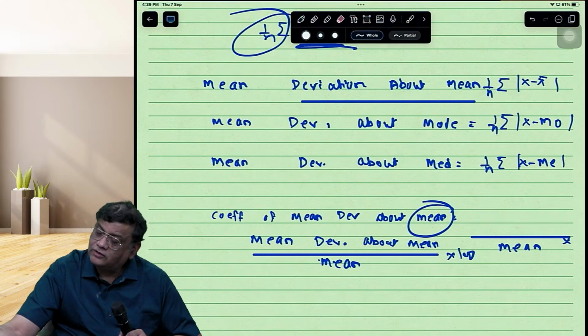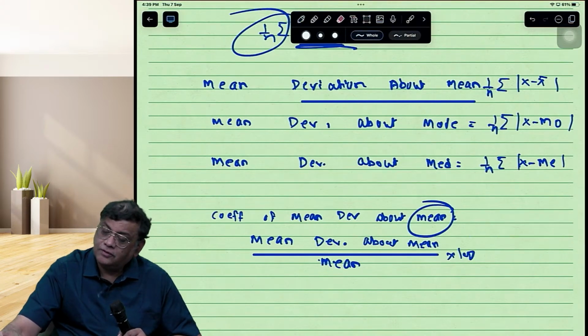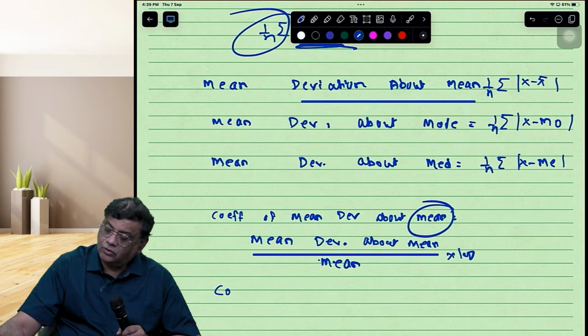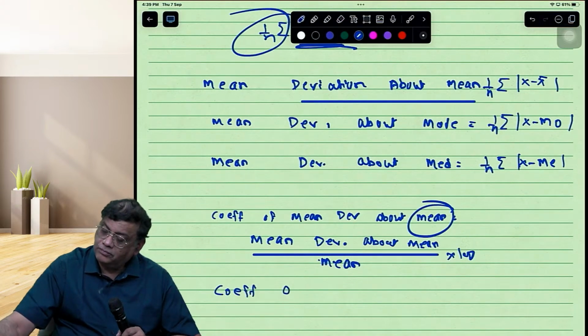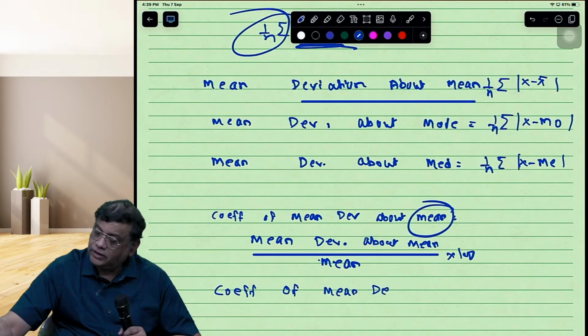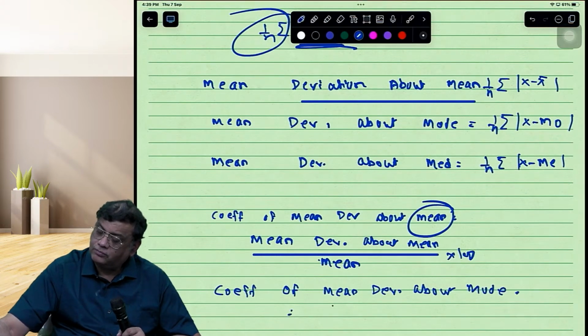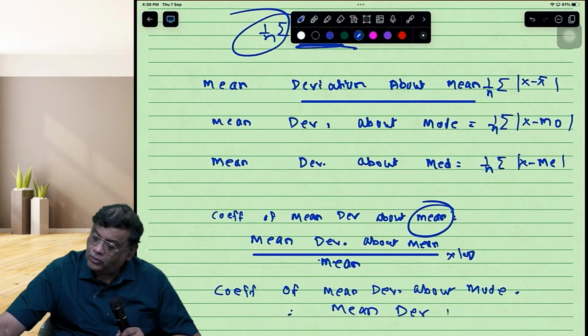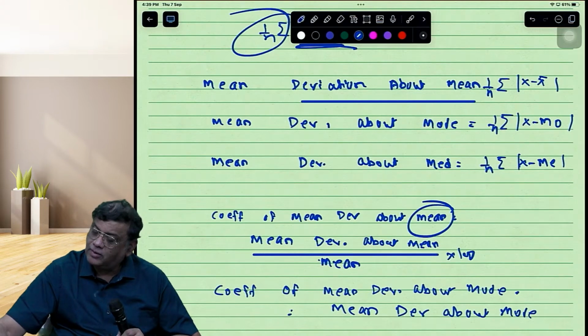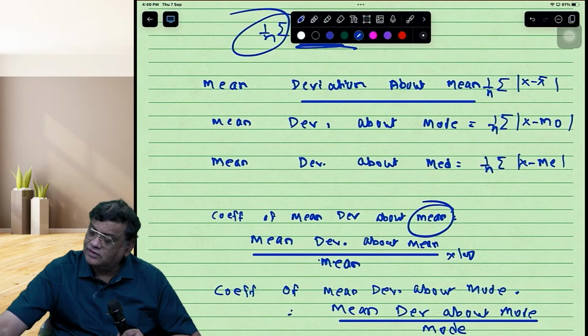आता you will talk, I will write. What will be coefficient of mean deviation about mode? Mean deviation about mode, and that coefficient of mean deviation about mode will be mean deviation about mode जो ऊपर निकाला है, that divided by mode. अब ये mode कैंसिल होगा क्या? नहीं नहीं, वो नंबर्स अलग अलग है.